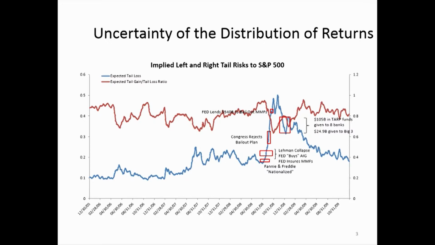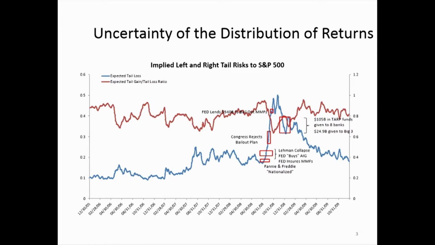But it was the case actually when things were coming down and the government policies were being invoked and put into place, you had a situation where the upside potential became much greater than the downside. So the market was saying there was great positive skewness in the possible returns that were in the market at that time.